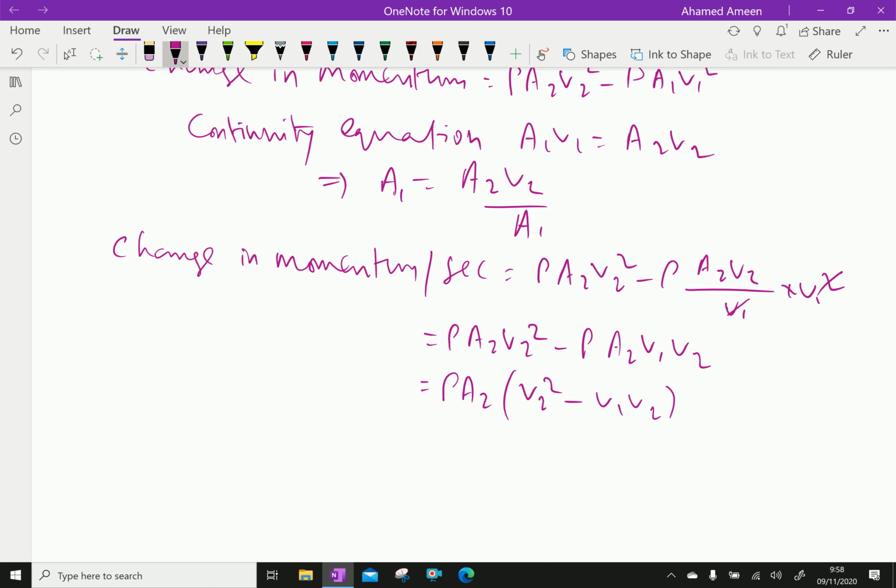Now the net force acting on the control volume in the direction of the flow must be equal to the rate of change of momentum.